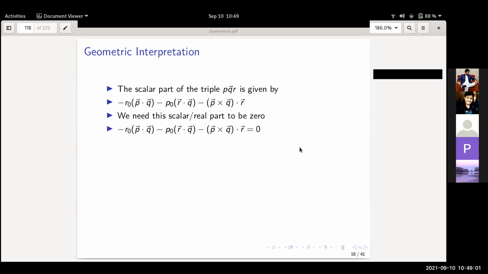And additionally, it should not be dependent on Q. So independent of Q, what is the minimal set of assumptions you will make on P and R? If you set P and R to be 0, this expression will be 0, but that is too much. You should set minimal constraints on P and R such that this quantity is 0.